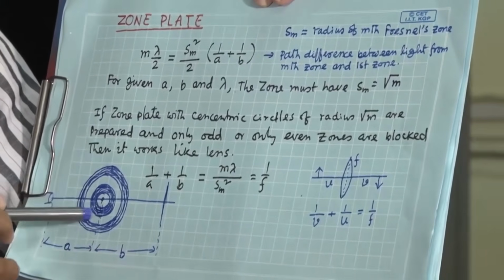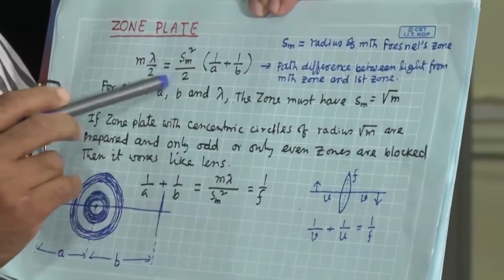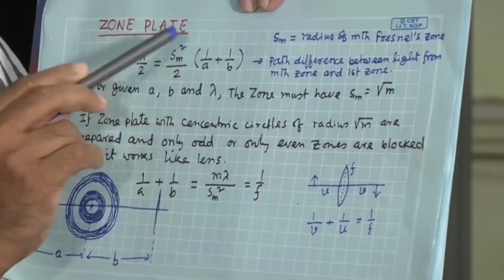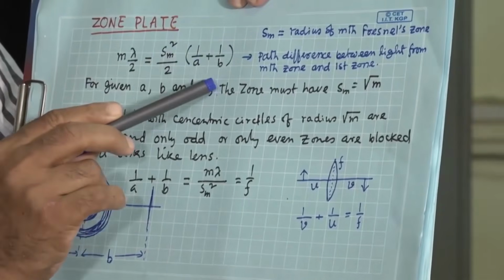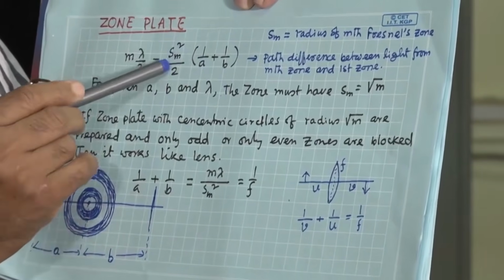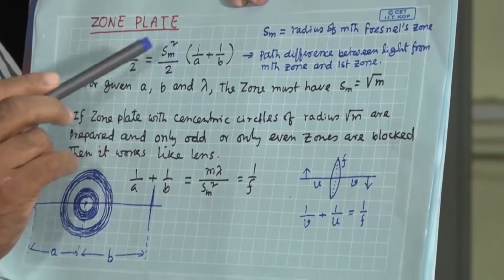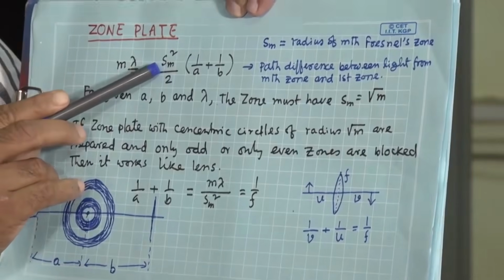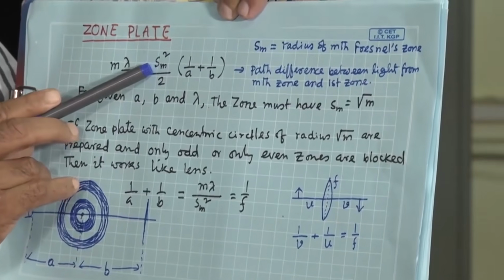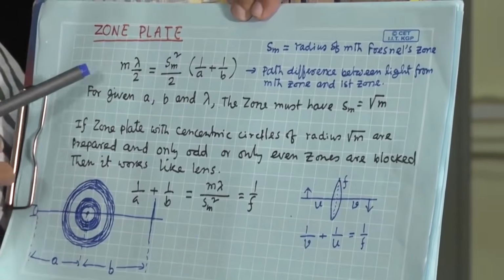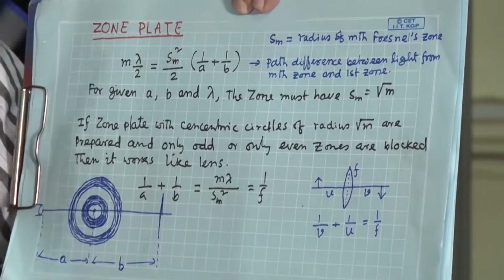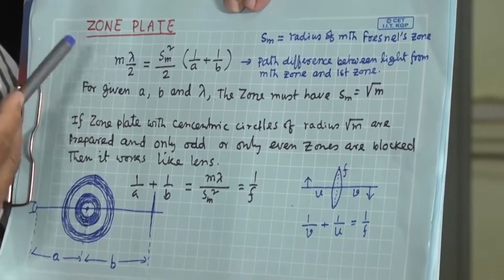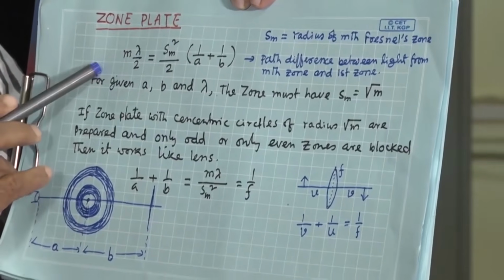The relation we will get is like this: 1 by A plus 1 by B equals m lambda by Sm square. Sm is the radius of the mth Fresnel zone, m is the order of the zone, and lambda is the wavelength of the light we use for the experiment.